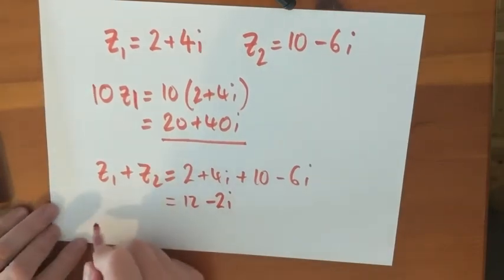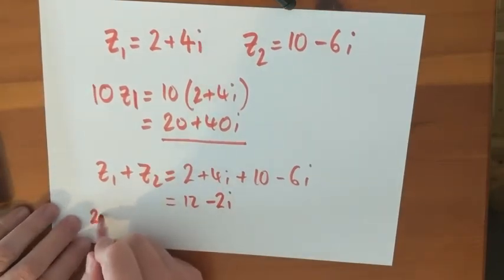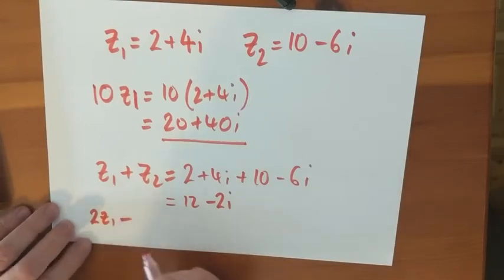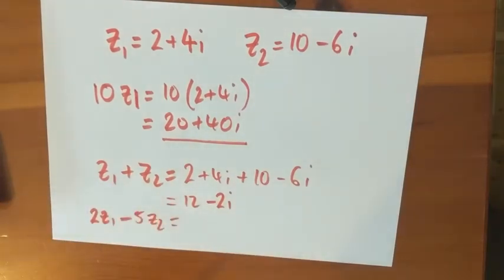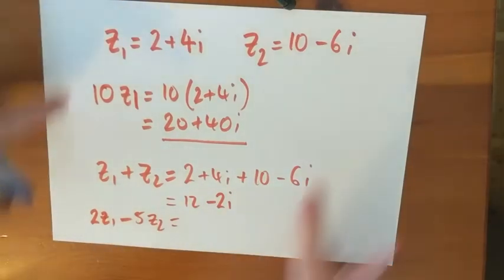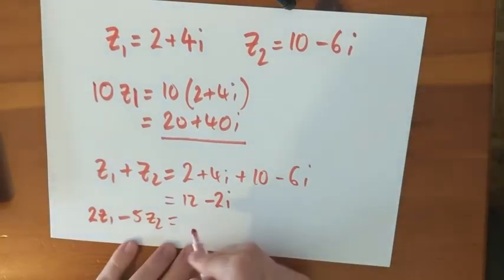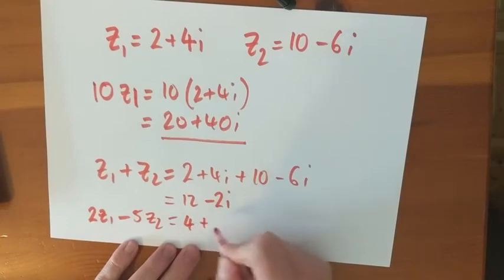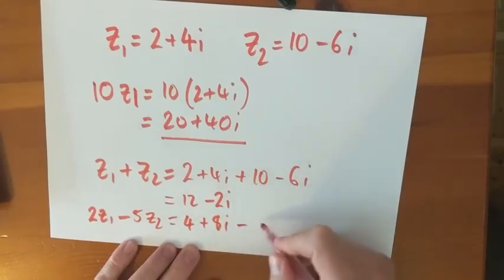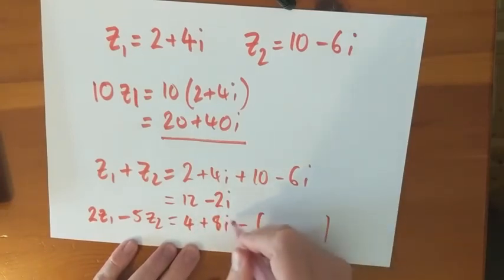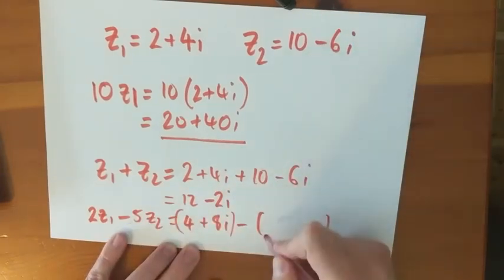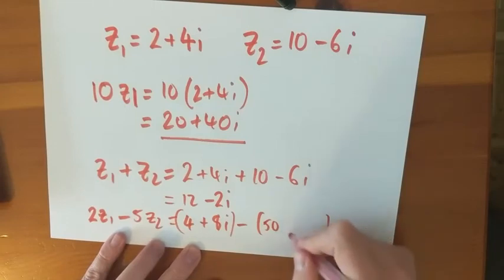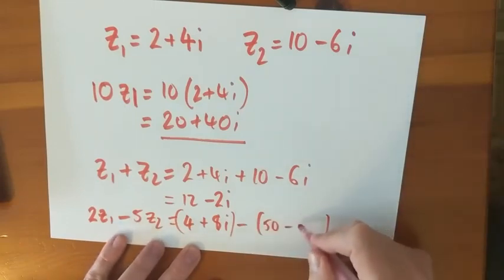So I could do, let's say we have 2z1 take away 5z2. So I now need to multiply this one by 2 and this one by 5. So I'll have 4 plus 8i take away, I'm going to put this in brackets just to be careful because of the negative numbers involved, 5 times this one: 5 times 10 is 50, 5 times minus 6 gives me minus 30i.